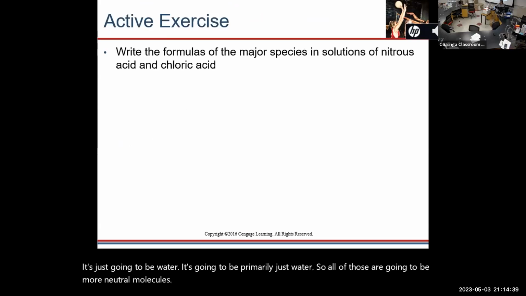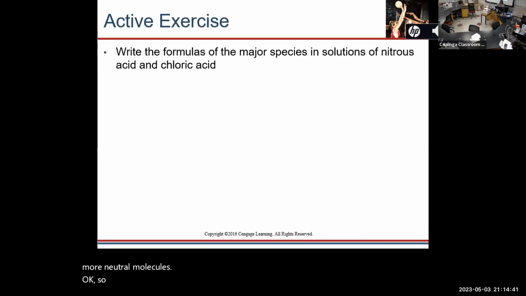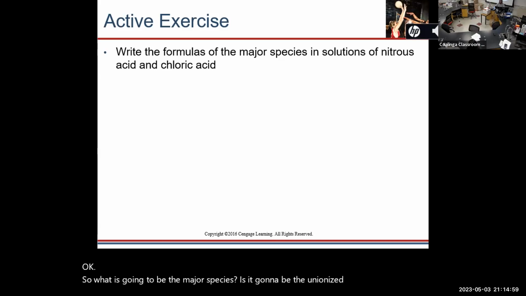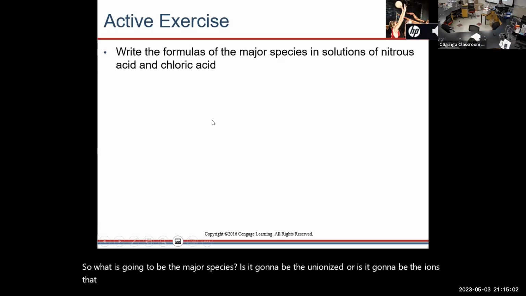Okay, so write a formula for the major species in solution of nitrous acid. Anytime that you have OUS, it makes it a weak acid. Okay. So what is going to be the major species? Is it going to be the unionized, or is it going to be the ions that form with that acid, nitrous acid?